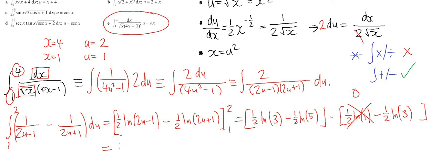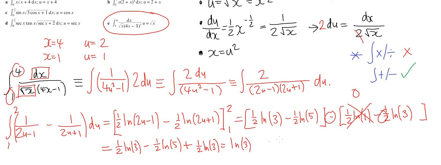So what I've got is a half ln of 3, take away a half ln of 5, plus, because we've got negative and negative, plus a half ln of 3. So I've got a whole ln of 3, and then I'm taking away a half ln of 5.